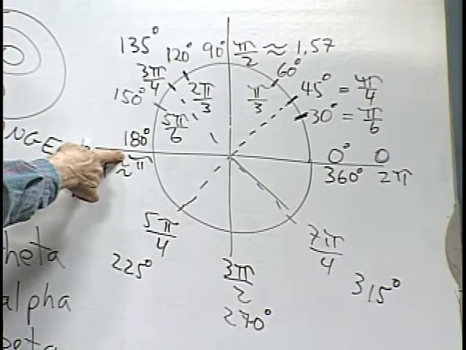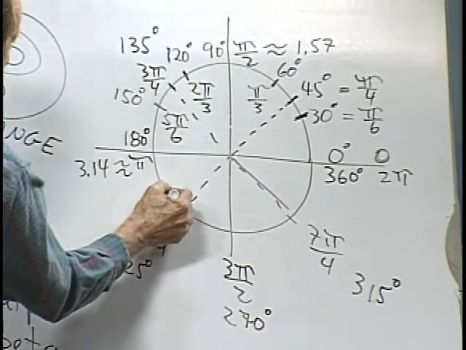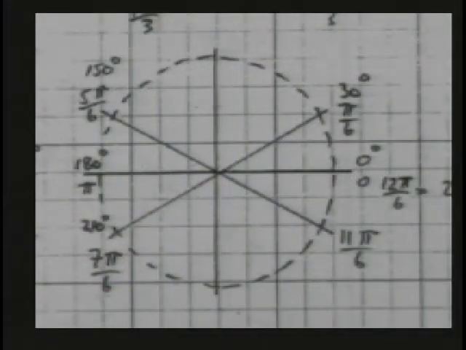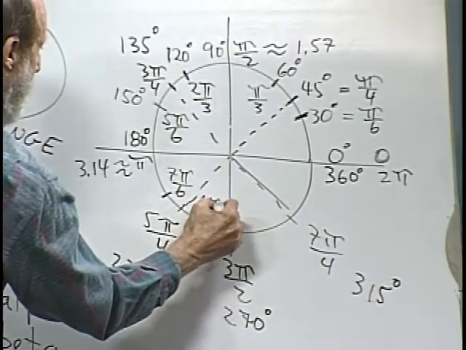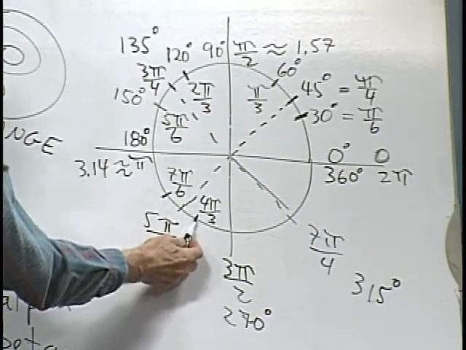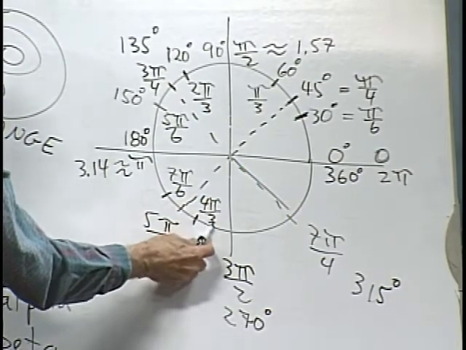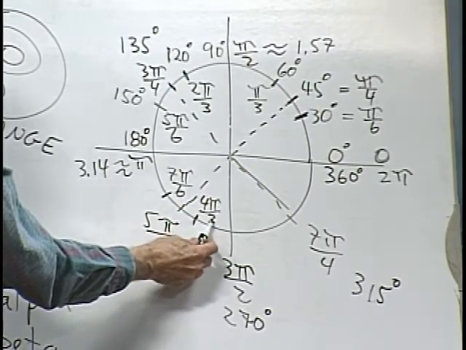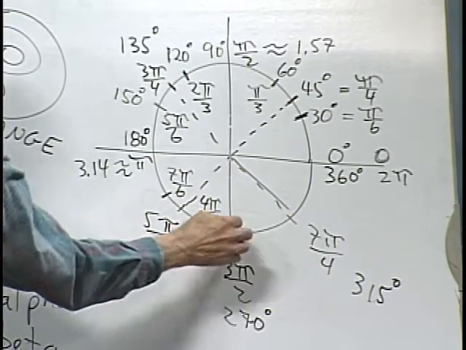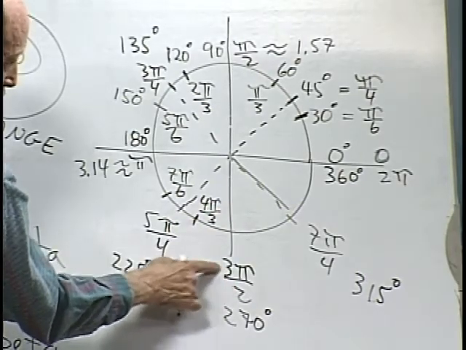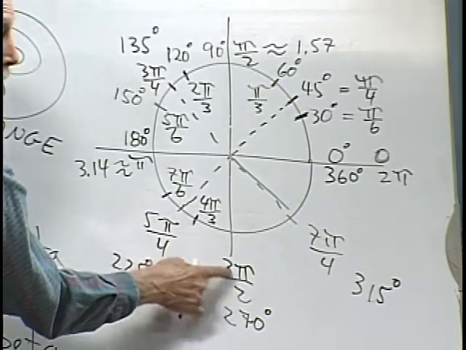Look at this, 6 pi over 6 reduces to pi. 7 pi over 6. 8 pi over 6 reduces to 4 pi over 3. The common 2 reduces to 4 pi over 3. 9 pi over 6 reduces to 3 pi over 2.